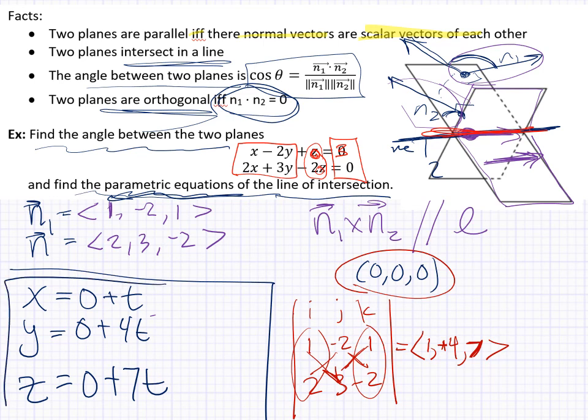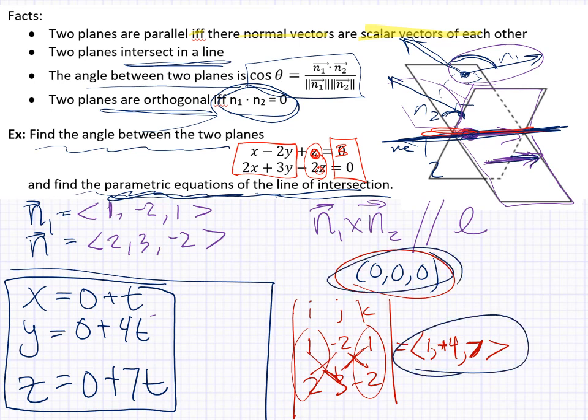And that would be the set of parametric equations that describe the line of intersection, using this point that's on that line and this vector that's parallel to that line. This basically takes into account everything we've discussed over the past couple of lessons.